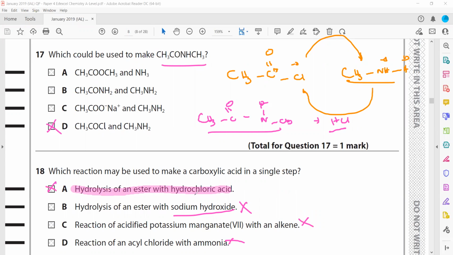That's why A is the right answer. B is not correct, because carboxylic acid won't be there as sodium hydroxide reacts. C will produce diol if alkenes are there, and D will produce amide when acyl chloride reacts with primary alkylamine.